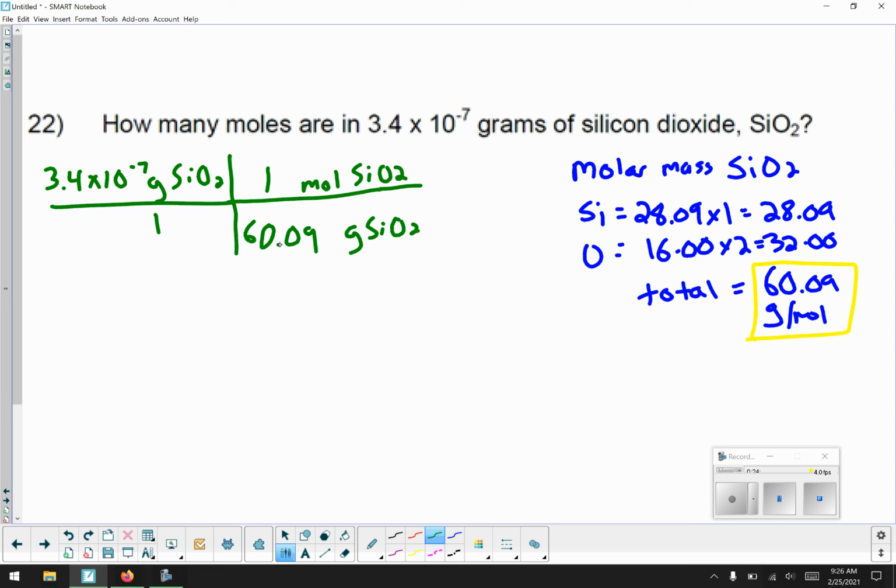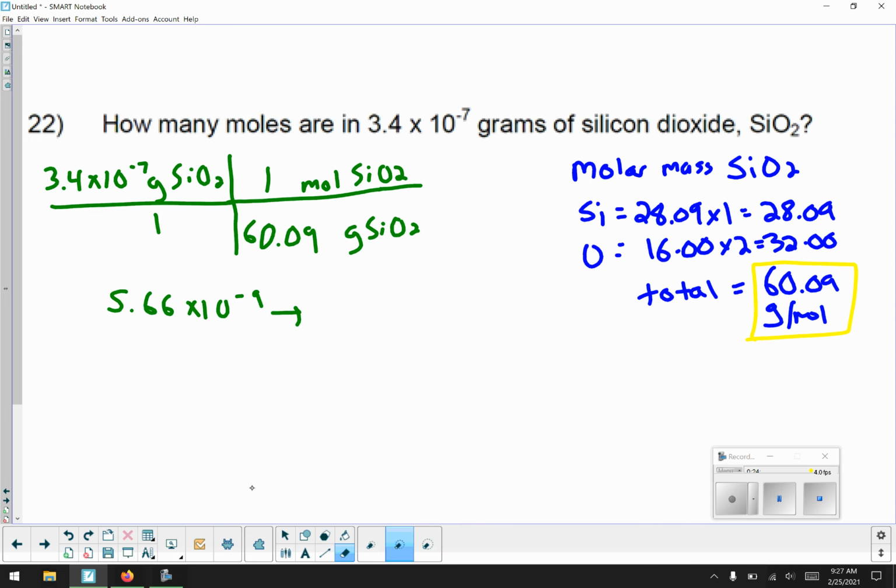And again, now this is a division problem, and you want to be careful for the 3.4. You want to do 3.4 E negative 7. Use the E button. That'll make your life easier. But if you do the division, you end up with a raw number of something like 5.66 times 10 to the negative 9th. But I'm going to round to sig figs, excuse me.